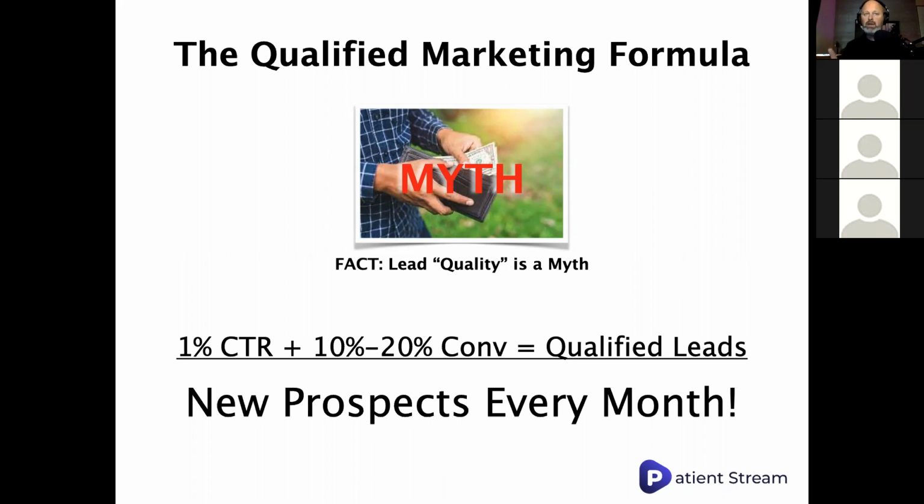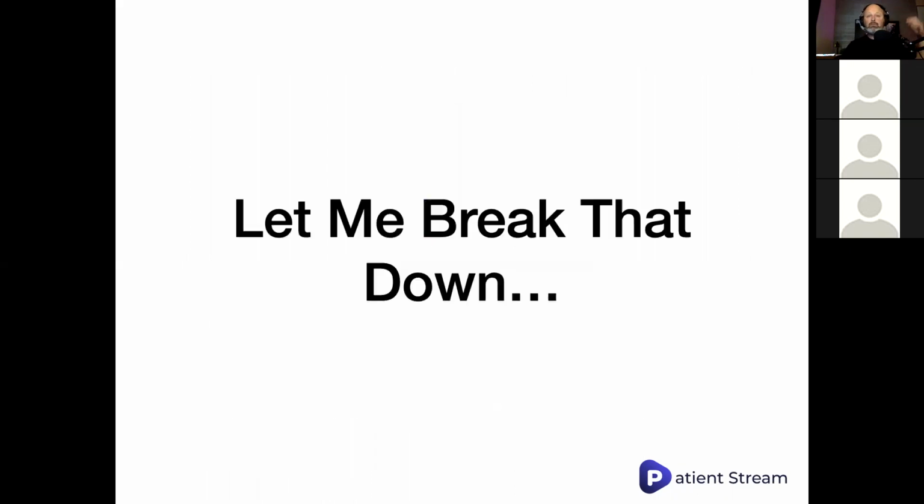And how we're going to do it is finding people specific to your service. 1% click-through rate, a 10 to 20% conversion rate. Now we've jumped right into the meat of how this works. And I've told you something that most agencies will not tell you or don't know. So let's go ahead and break this down a little bit so you understand.